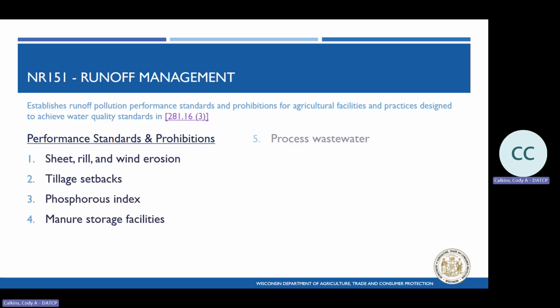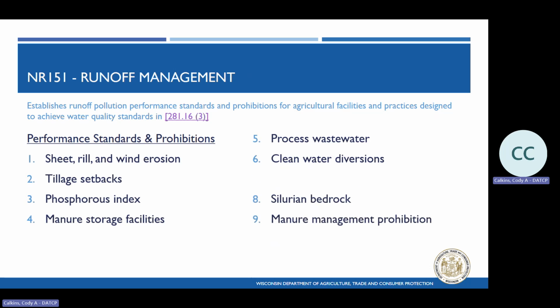So here in Wisconsin, we have two agencies responsible for nutrient management. Those are the Department of Natural Resources and the Department of Agriculture. We're both charged with different things in state statute and state law. Chapter 281 requires that the DNR promulgate rules for agricultural performance standards.